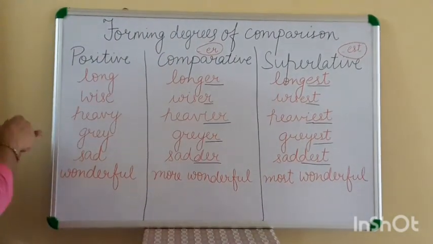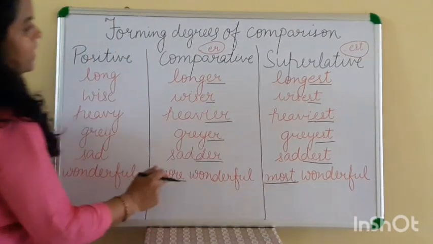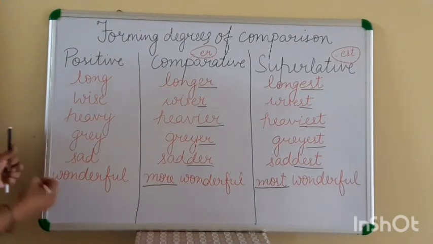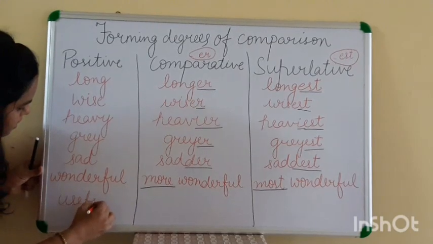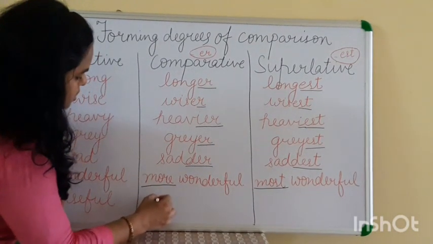Here we added more and most to make it comparative and superlative degree. I can give you one more example. Useful. More useful, most useful.